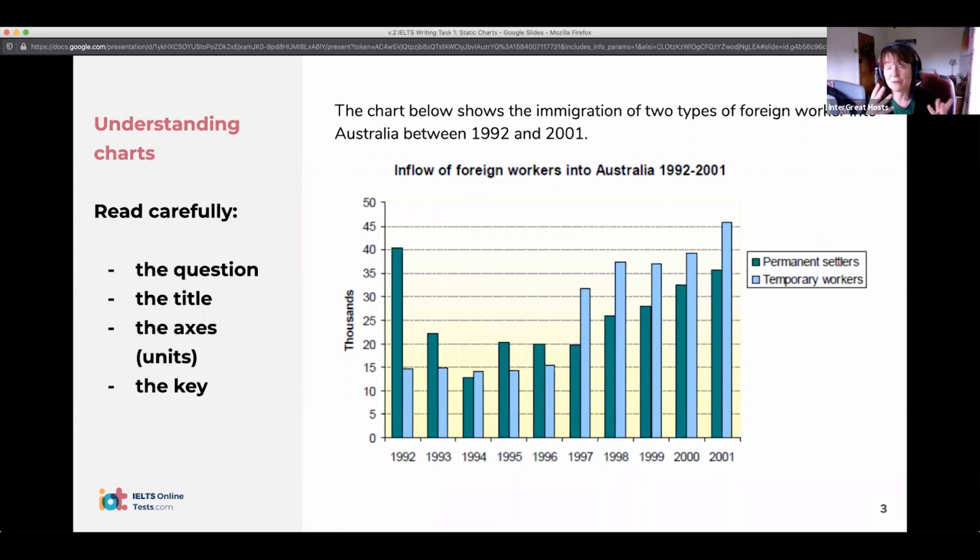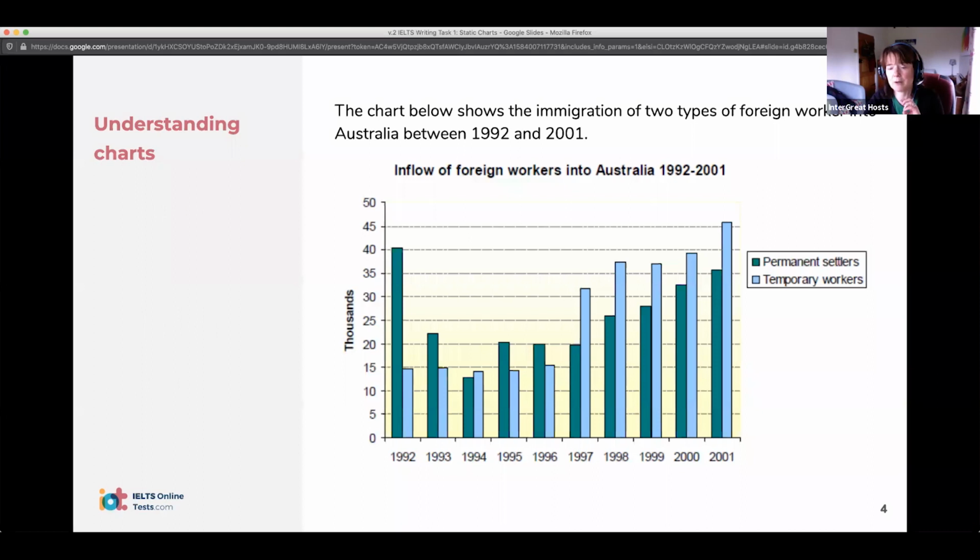They might put 50 instead of 50,000, or 50% instead of 50,000. So it is really important to spend a few minutes looking at all of this information and make sure you know exactly what the chart is looking at.